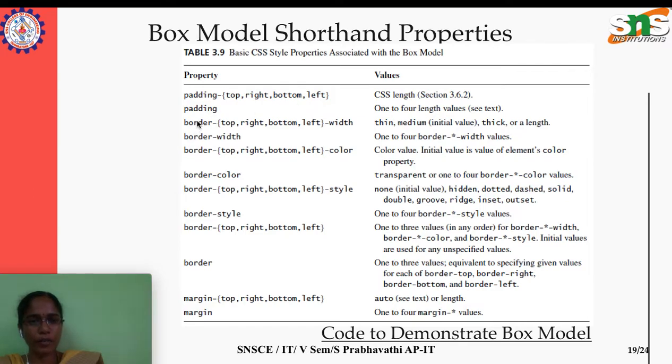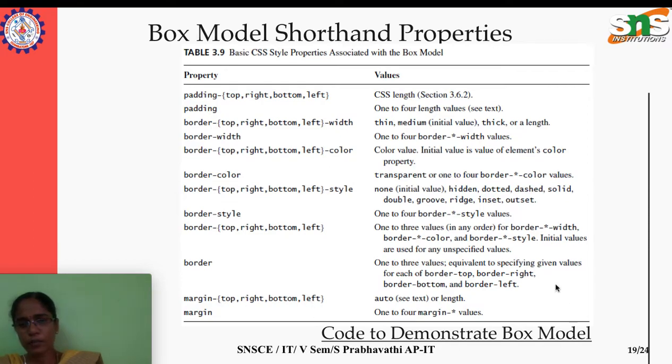Similarly for border: border-width, border-top-width, bottom, left and right widths, or simply border-width. Then border colors, and border style in this way. Then for margin, simply margin 20 means all four sides occupy 20 pixels, or specifically, margin-top means the top alone gets 20 pixels.